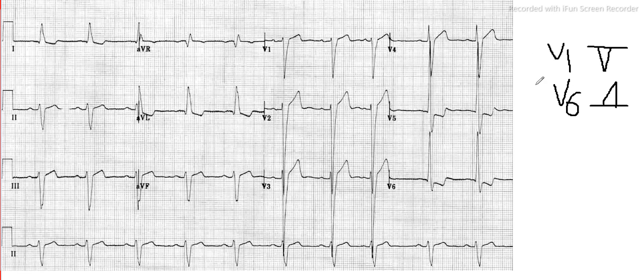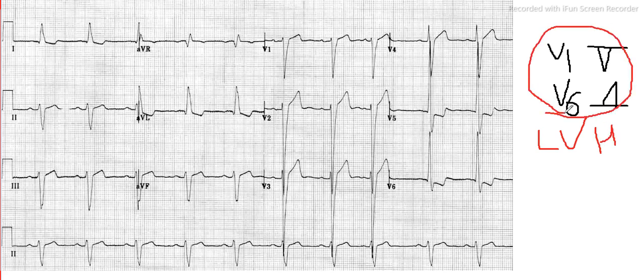Now in case of left ventricular hypertrophy, you will find the same features that you see in normal. However, the changes will be of greater magnitude. In V1 you will see the negative QRS complex a bit greater in magnitude, and in V6 the positive deflection will be a bit greater in magnitude.